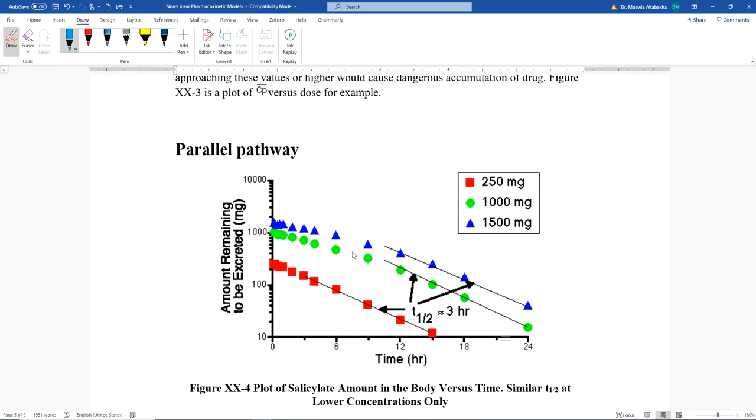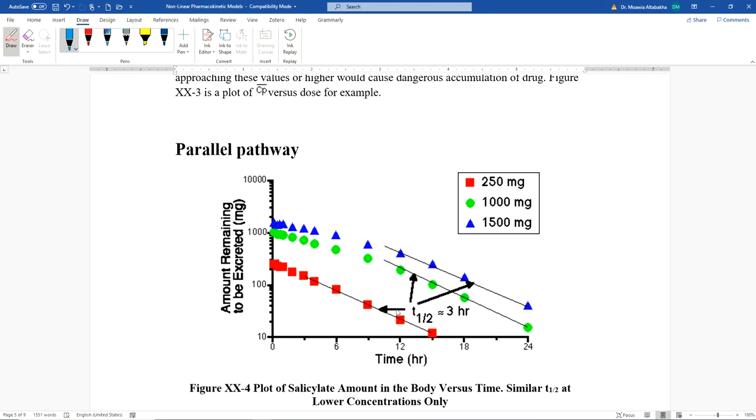Okay, what you see here shows you how the doses that you give influence the elimination. Look here, almost a straight line, first order. But look when the dose increased to 1000, see how here we have first order, which is 3 hours, but here we have zero order.